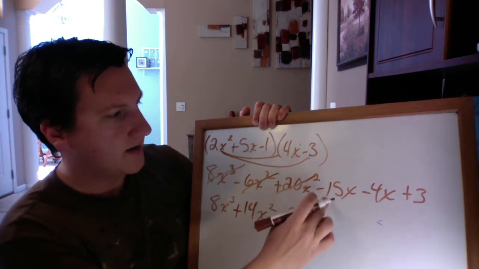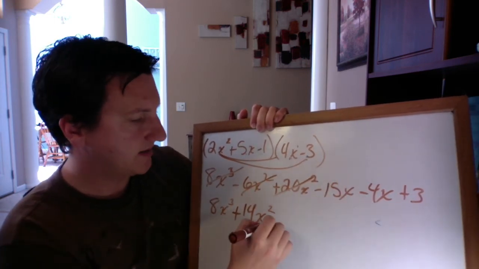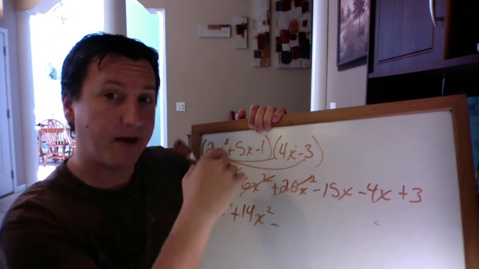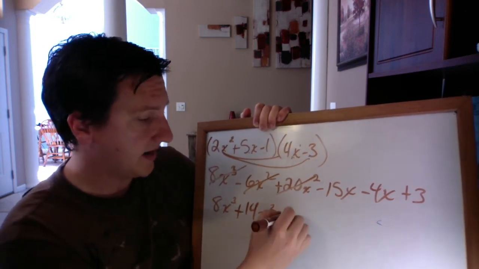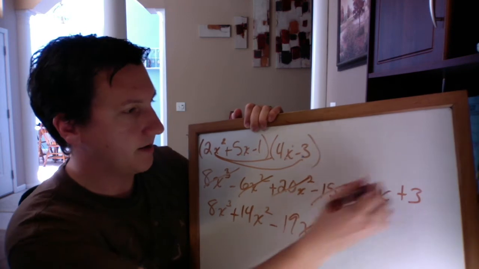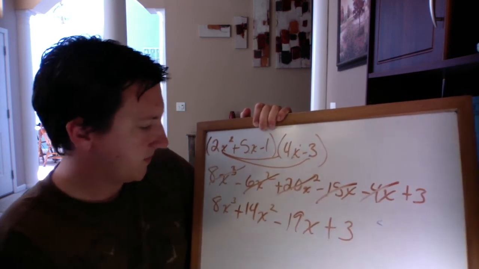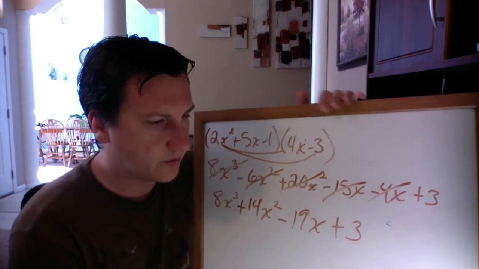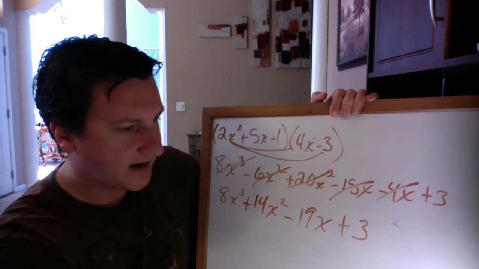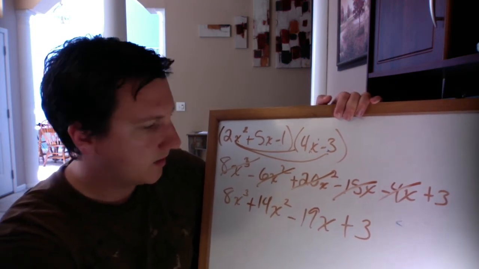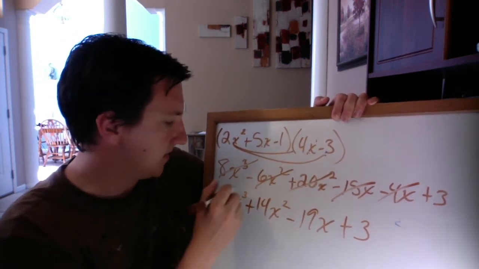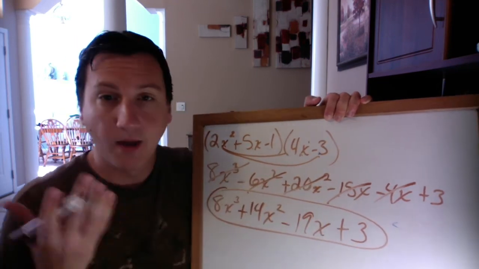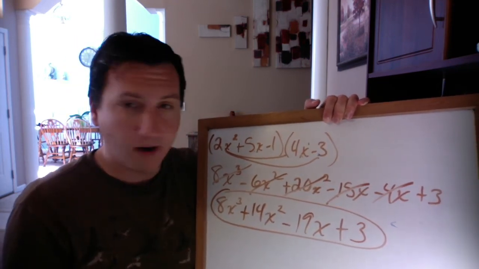That's done. Negative 15x minus 4x is negative. I'm going backward, right, on my number line. So that is negative 19x. Bam, bam. And then plus 3. So there on example 4, you should see 8x cubed plus 14x squared minus 19x plus 3. And that is multiplying polynomials.